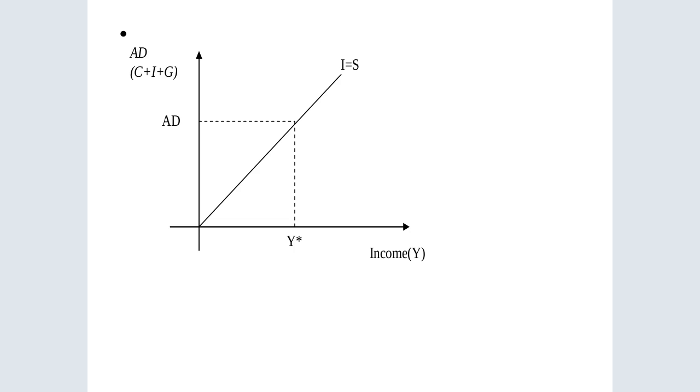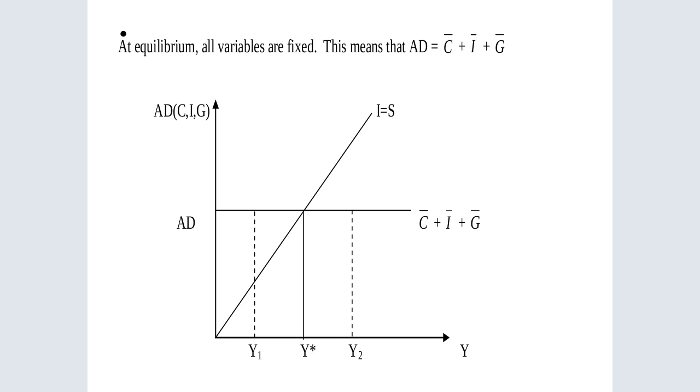So that is the graph for the savings, which is equal to the investment function. It is upward sloping, which implies that as the aggregate demand increases, the investment and savings also increase.